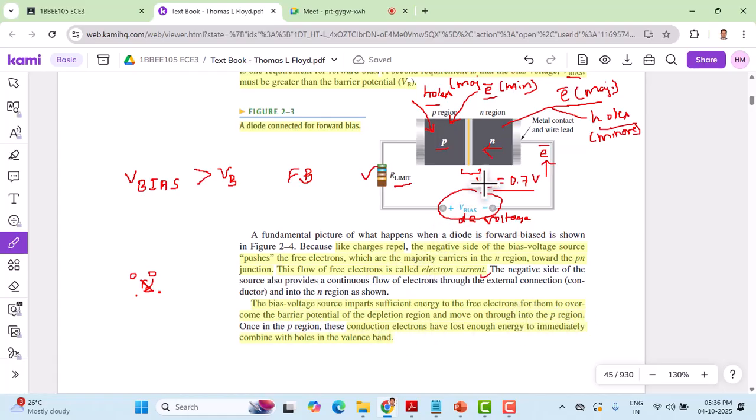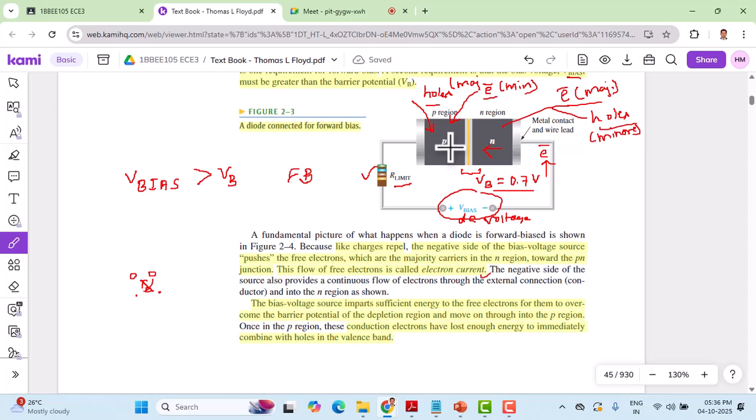A lot of electrons are supplied by the negative terminal of a battery. These electrons must overcome the barrier potential of 0.7 volts in the junction, and once they overcome it, they reach the P region.